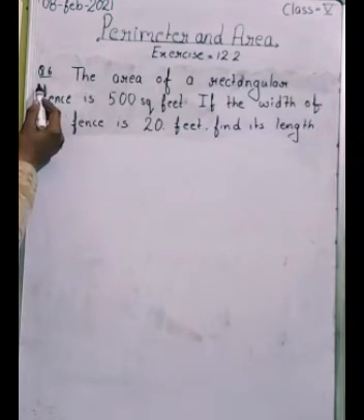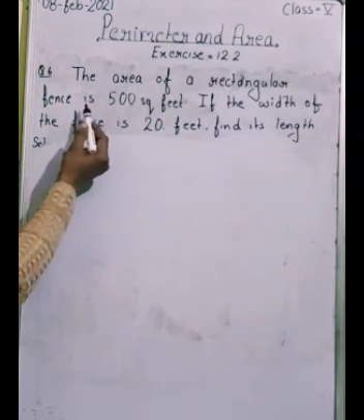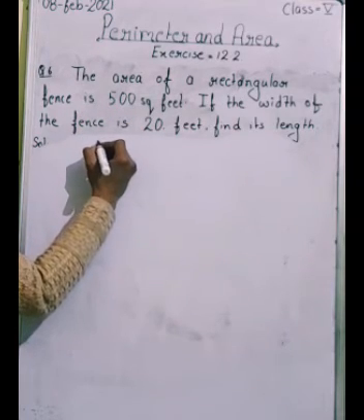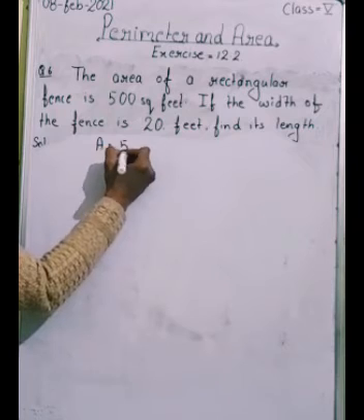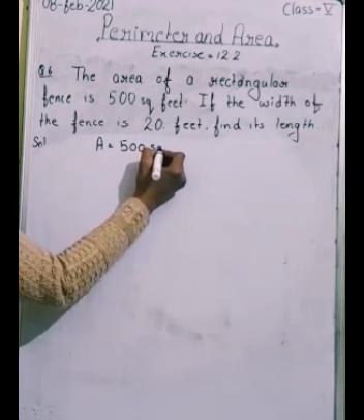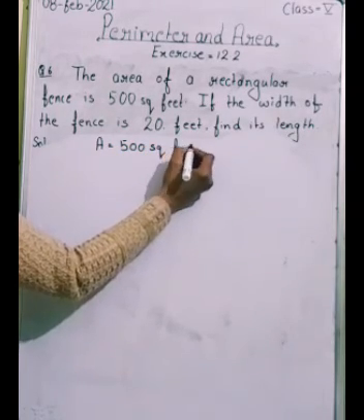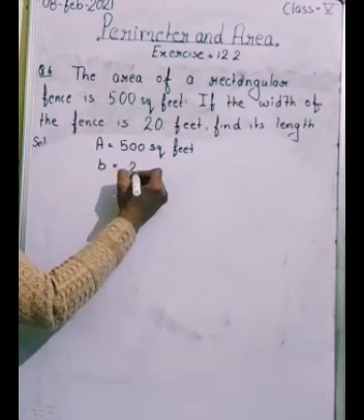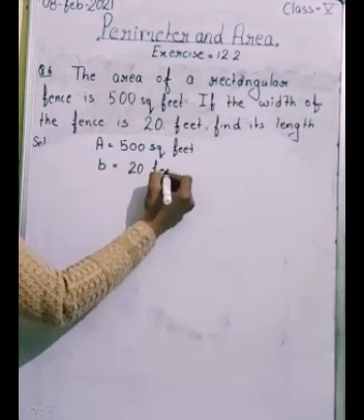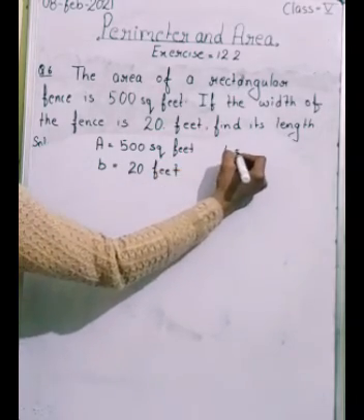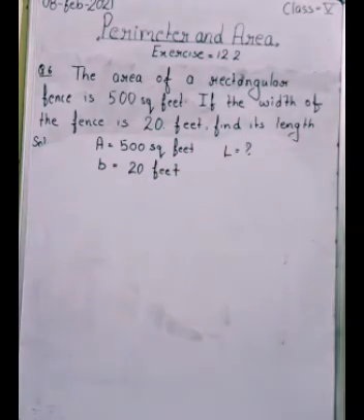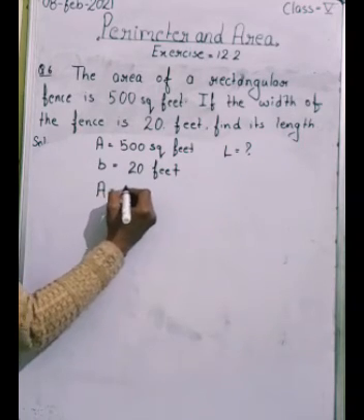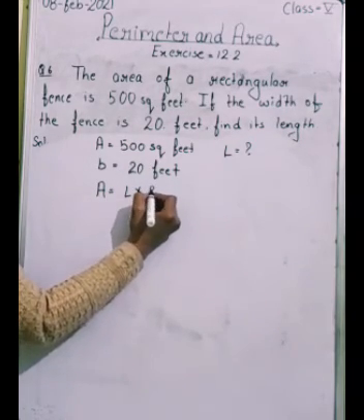Okay. Now question number 6: the area of a rectangular fence is 500 square feet. So they have given you the area, that is 500 square feet. Okay. The width of the fence, it means the breadth of the fence, is 20 feet, and you have to find the length. Okay. So area of rectangle is equal to length into breadth.